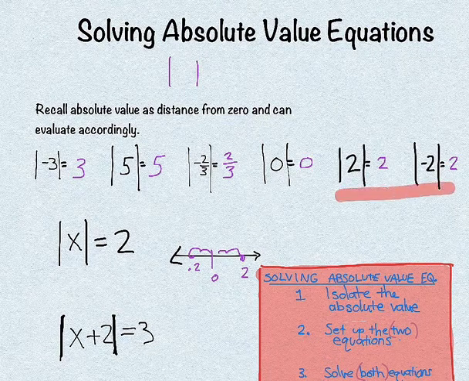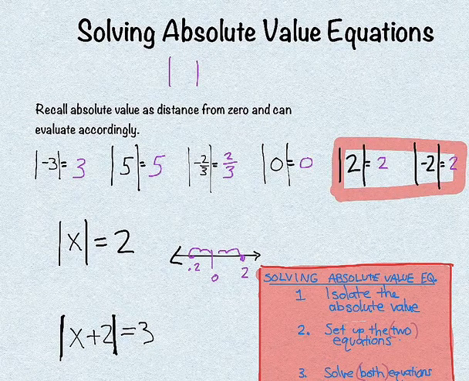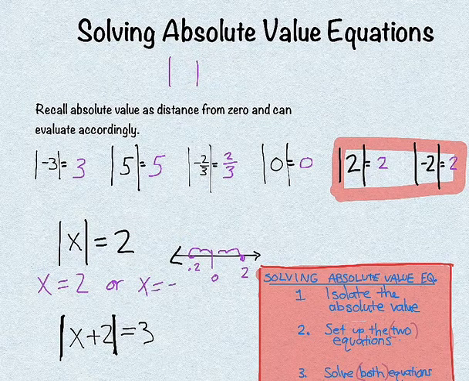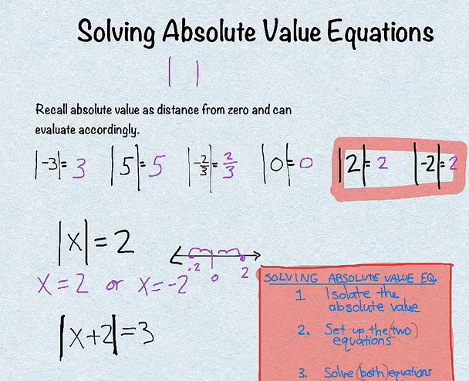And up here we said the absolute value of 2 is 2, but also we notice the absolute value of -2 is 2. And so most of these types of equations end up with 2 different equations and solutions.